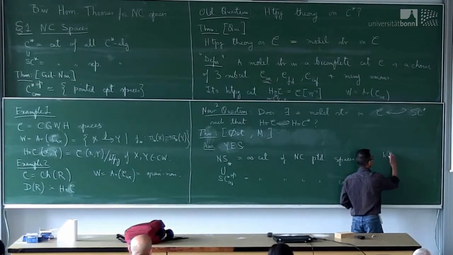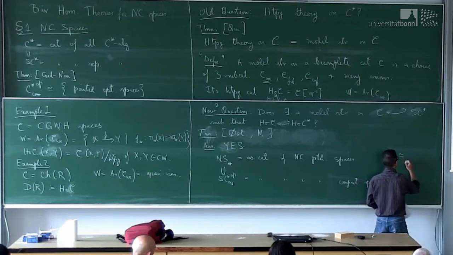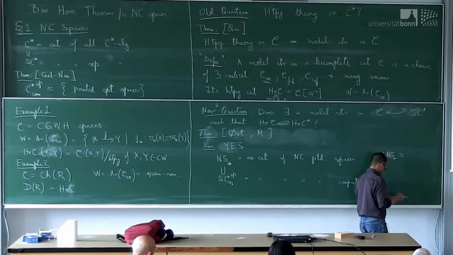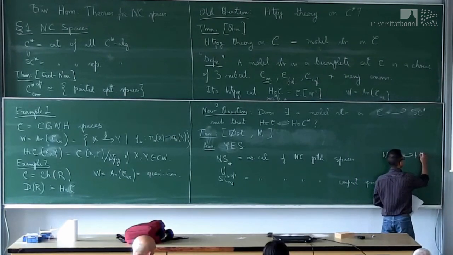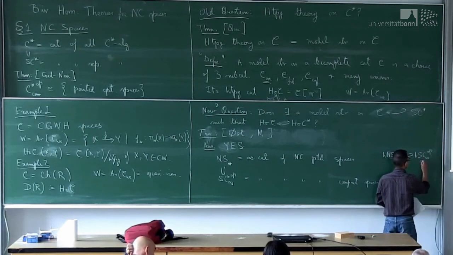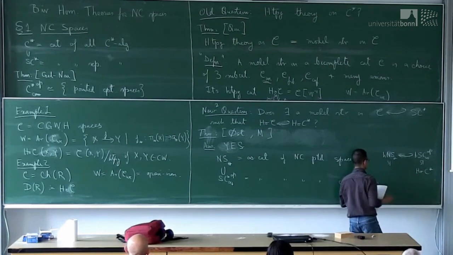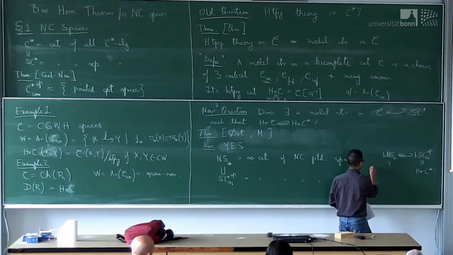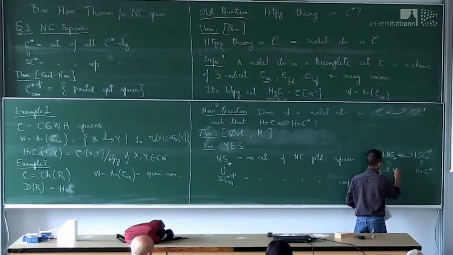The homotopy category of an infinity category is always denoted by writing a little h in front of it. This will contain the homotopy category of this, and this is equivalent to Ho C star, which is what you would call the homotopy category of non-commutative pointed spaces.